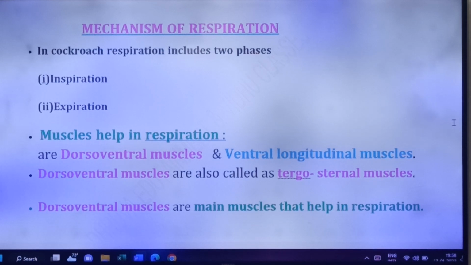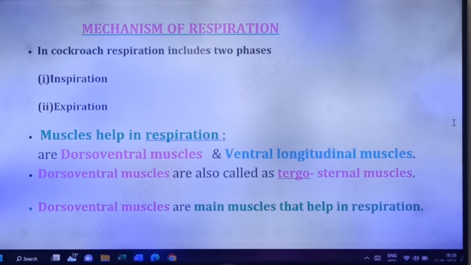Two muscles help in respiration. What are they? They are dorsoventral muscles and ventral longitudinal muscles. These two muscles play an important role in respiration of the cockroach.